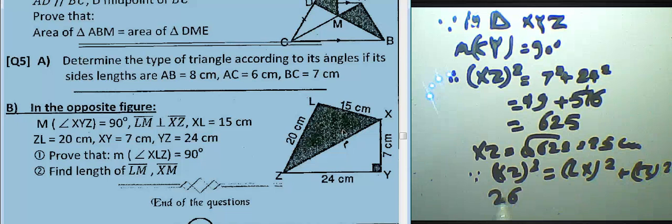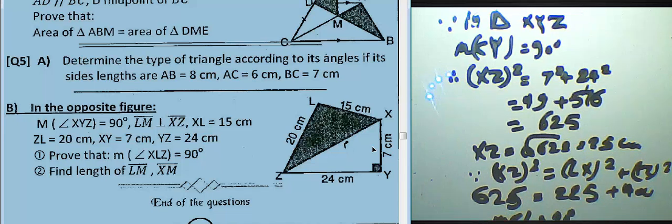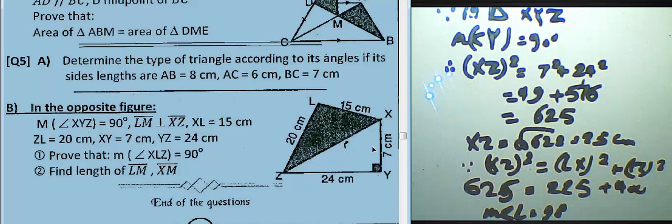We know this side squared equals 625, and LX equals 15, power 2 equals 225, and LZ power 2 equals 400. Then the measure of angle L equals 90 degrees, and then we can find the length of LM.